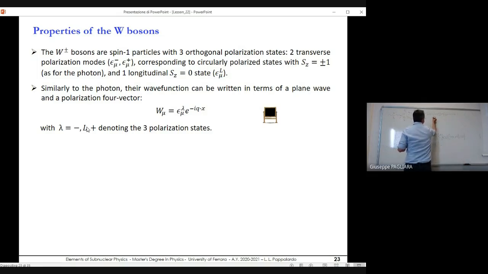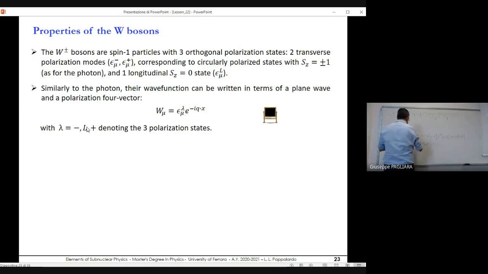Now, this is the left-handed projector operator. The right-handed, sorry. This is the left-handed. So now we have the right-handed projector acting on an adjoint spinor of a particle, and the left-handed operator acting on an antiparticle spinor.